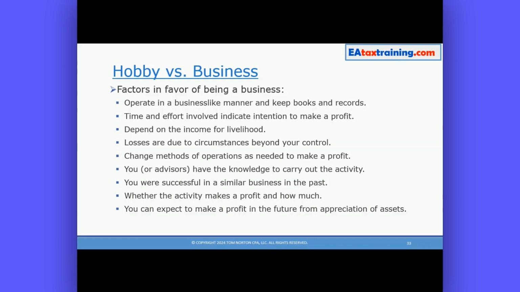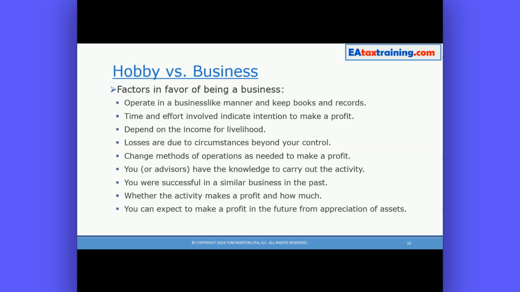You change methods of operation as needed to make a profit. So you're doing something, it's not working, you're not making money, and so you change what you're doing. That shows that this isn't just a simple pastime that you're doing for fun, but you're actually working and trying to make a profit. Do you or your advisors have knowledge to carry on the activity?